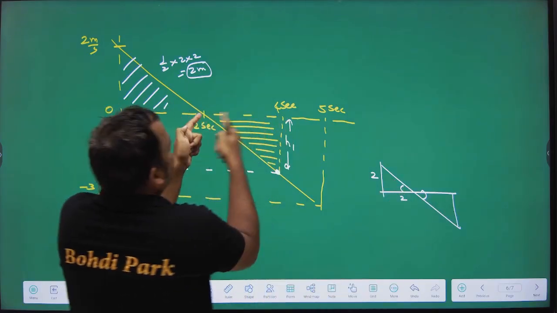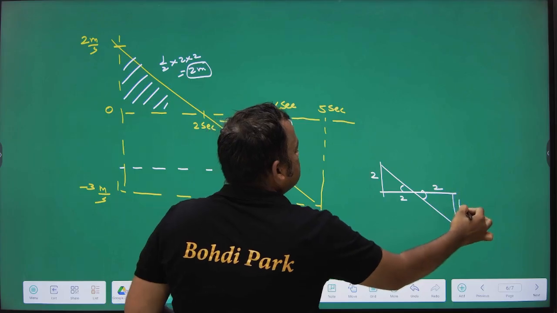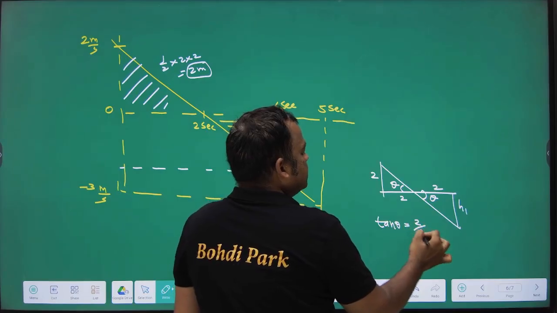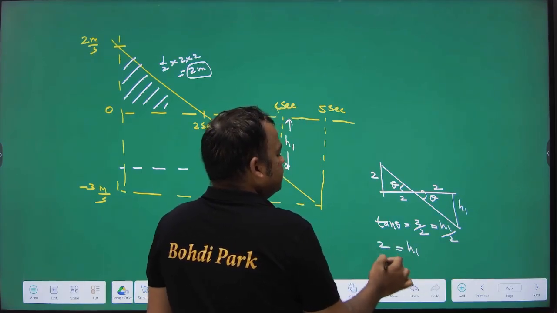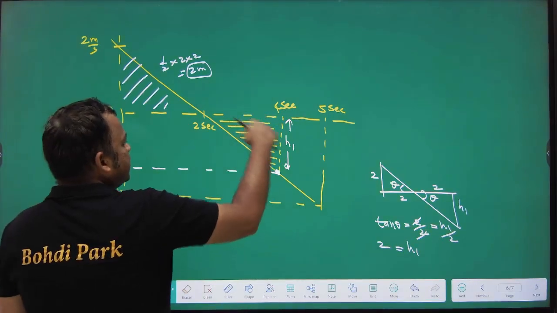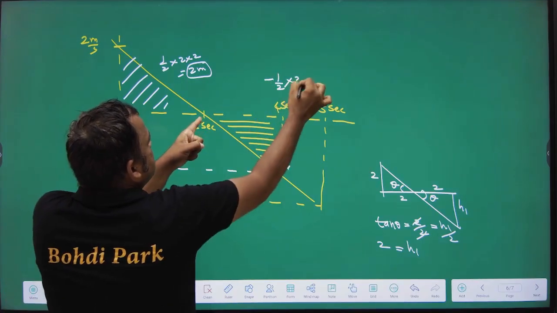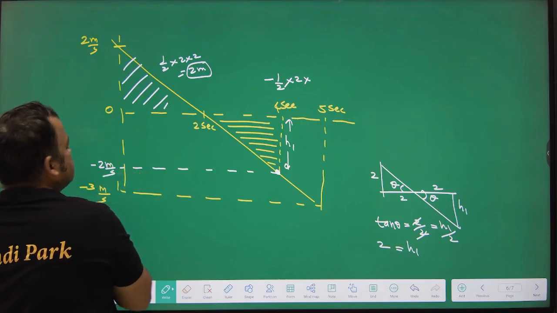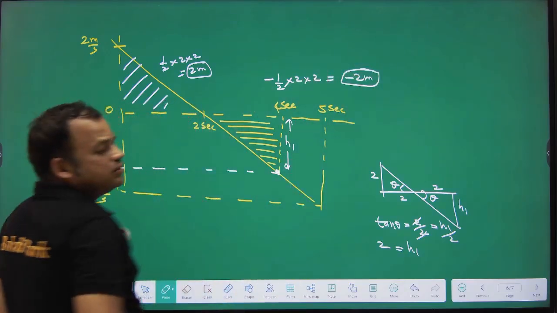If you look at this triangle, this base is 2, so height is h1. So we have tan theta here as 2 by 2 and tan theta here is h1 by 2. So we get h1 is equal to 2. So the area of this triangle will be minus half into base into height. Height is 2, so this velocity is minus 2 meter per second. So 2 cancel. So this is minus 2 meter.